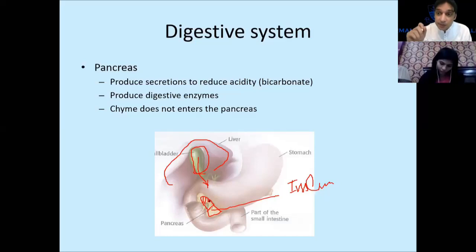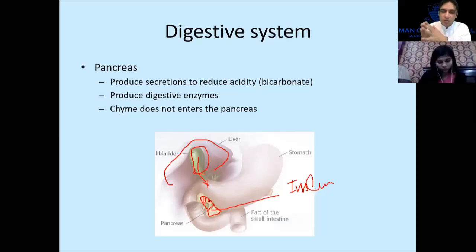They contain enzymes which can digest carbohydrates, like amylase. They contain enzymes which can digest the fats as well. So here the actual process of digestion is going on.